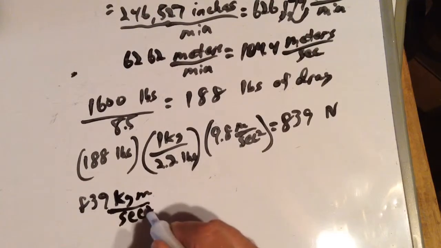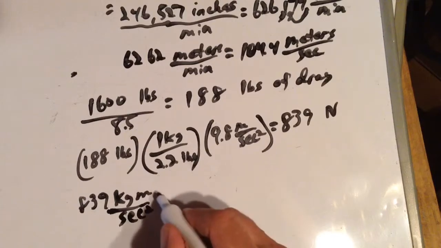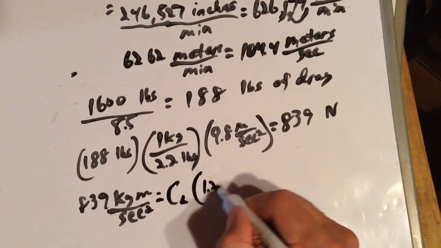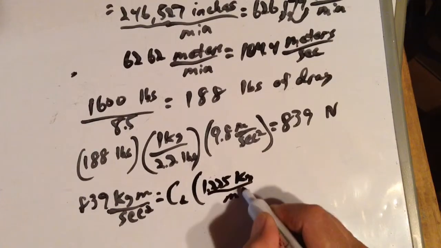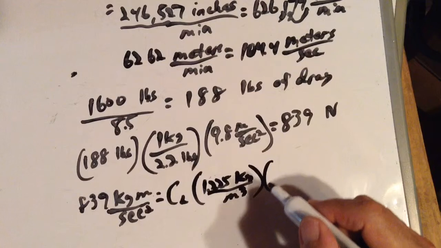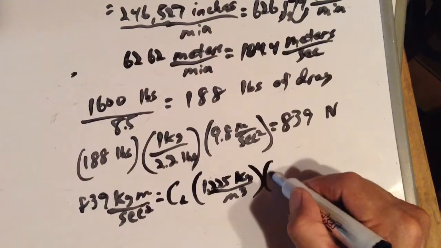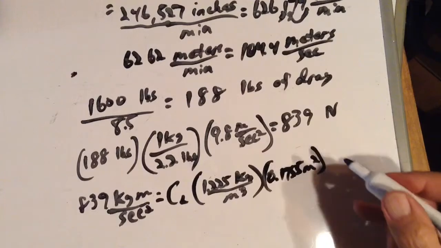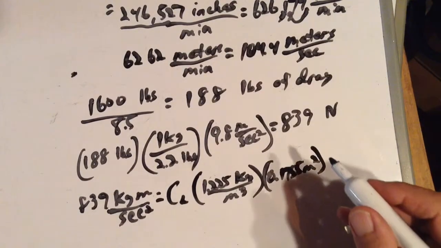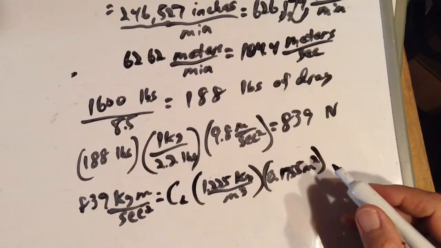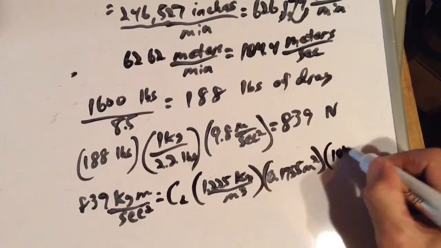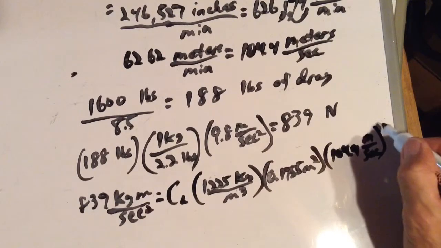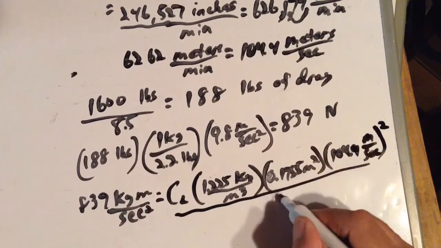That's what a newton is. 839 of them is equal to our coefficient of lift times our air density, which we'll assume is standard, 1.225 kilograms per meter cubed, times our wing area, 4 inches by 68 inches, which is 0.1755 meters squared, times the velocity of the spot that's 57.7% of the way between the shaft and the tip, which we figured was 104.4 meters per second, all in parentheses squared, and all that over 2.